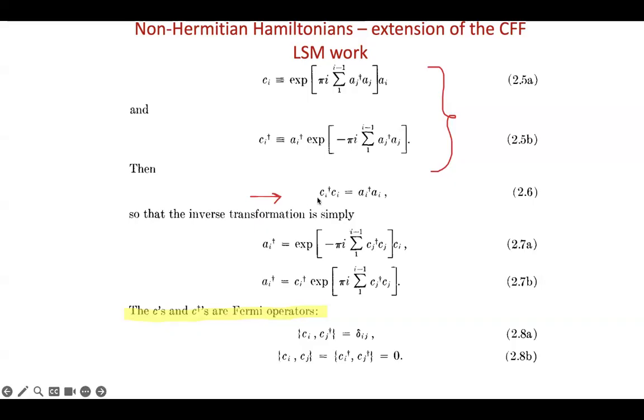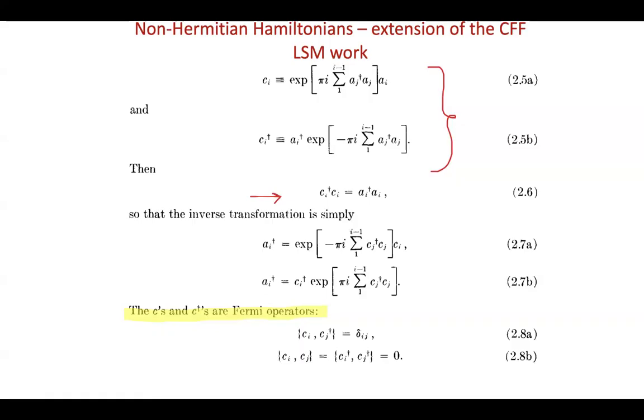However, the Hamiltonian is not much affected because C_i dagger C_i is the same as A_i dagger A_i. And the inverse transformation, if instead of going from A_i to C_i you want to go from C_i to A_i, you just flip the sign and flip the operator. Like an inverse Fourier transformation type idea.